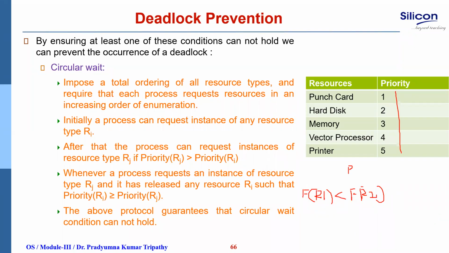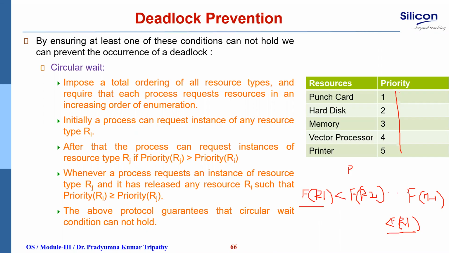If the first process holds something and is requesting the second one, it can request the next one only if it has higher priority. If it goes on allocating in this way, suppose this is f of R(n-1). After n-1, what will come? Again R1 will come. So that means, is it possible that f of R1 is less than f of R1? This is a contradiction.